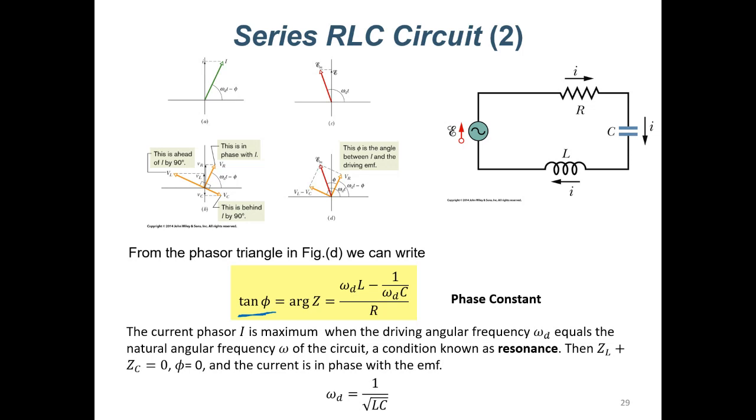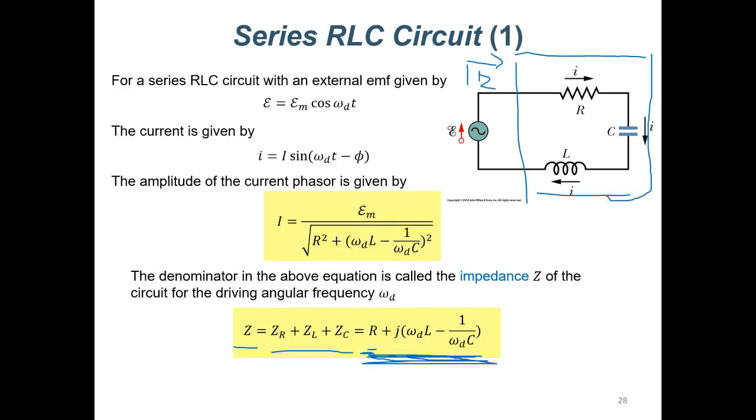Which means the current phasor I is maximum. We want to maximize this function, and we know this is a fixed value. If we want to maximize I, we need to minimize this term, and R is a fixed value.